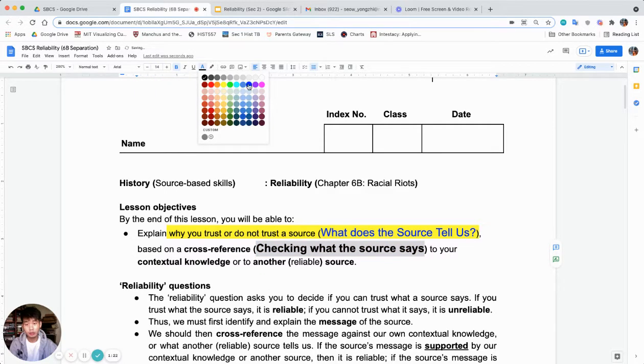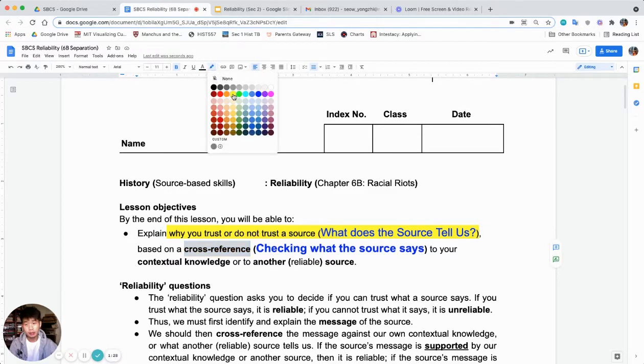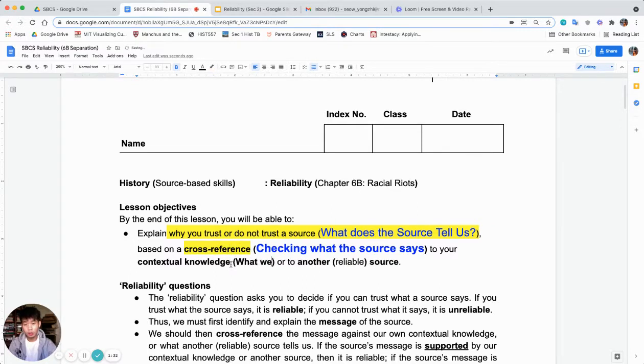A cross-reference is about checking what a source says, and we check it against contextual knowledge, or what we know, or against another source.